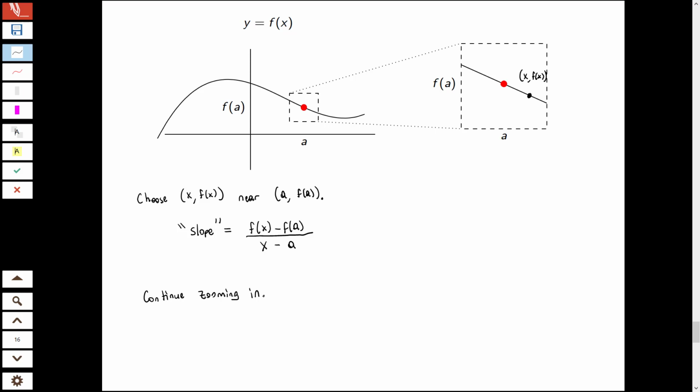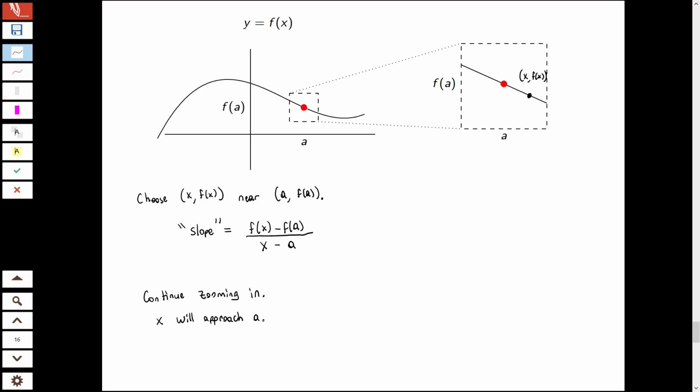One thing to notice is that as we zoom in closer and closer, our x values are going to be moving closer and closer to a. So we could say that x will approach a in the end. So if we want to ask, what would the slope be at the end of this infinite process?